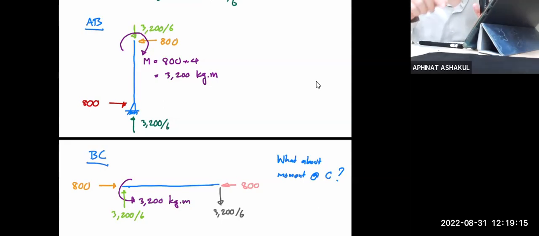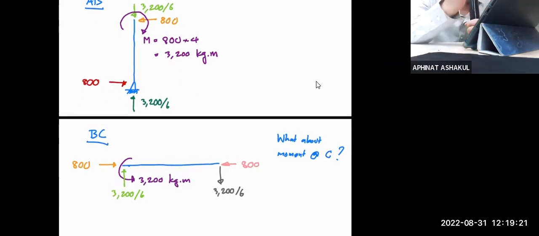So now before we go on to break, let me show you. We're going to take sigma MC equal to 0. I've seen every year that some still struggle with the direction of the moment.